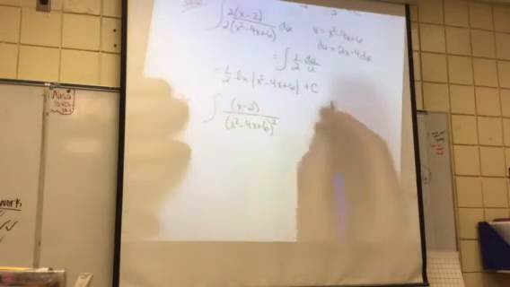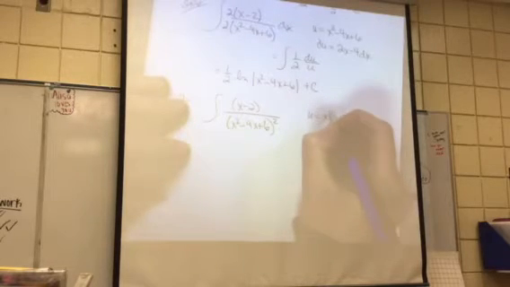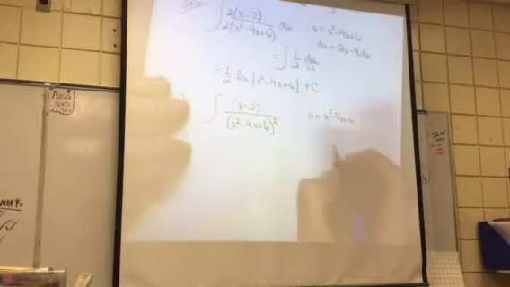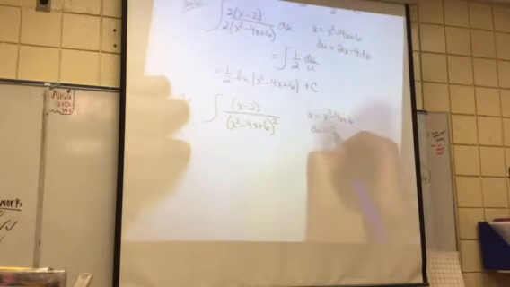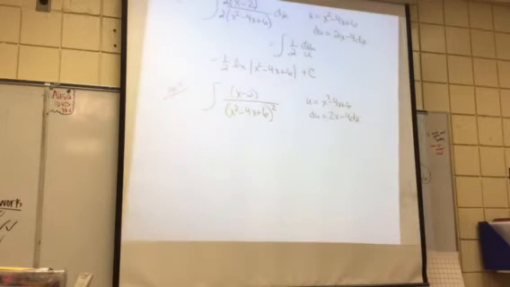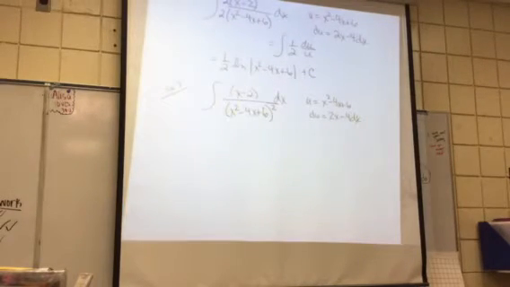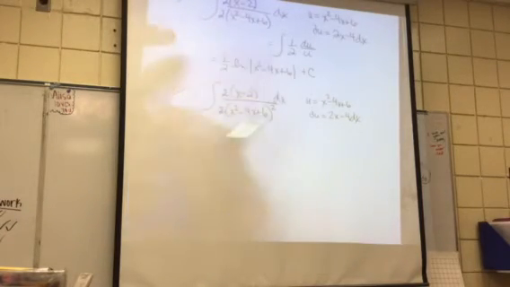Still the bottom, x squared minus 4x plus 6, correct? Then about our du? So, is this going to work for u substitution? Oh wait, we need this here, make sure you got that. Yeah, put that factor of 2 back in, correct? So 2 here, 2 there.